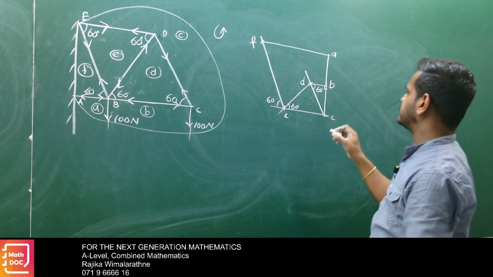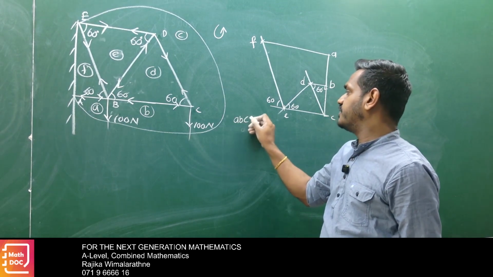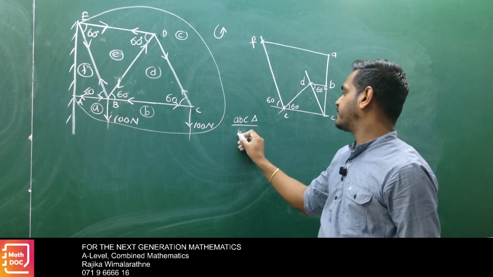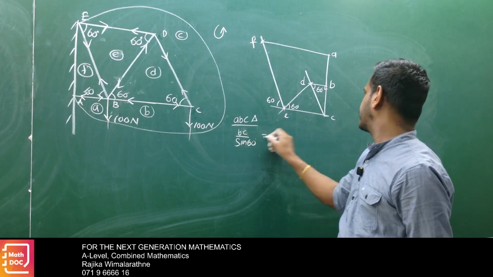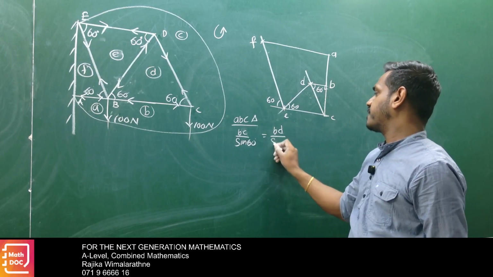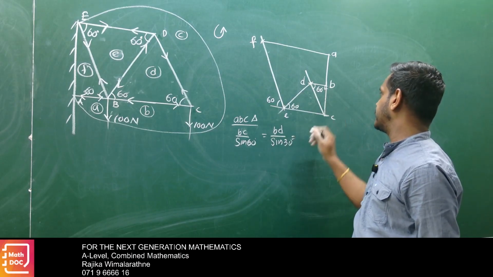No? Then consider ABC triangle first. BC over sine 60, BD over sine 30, CD over sine 90.